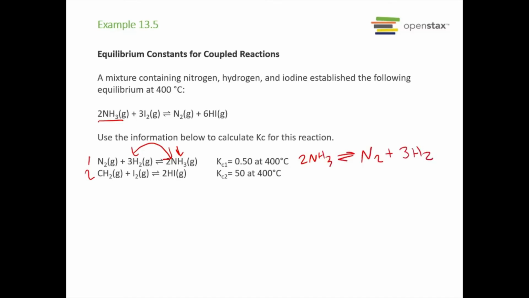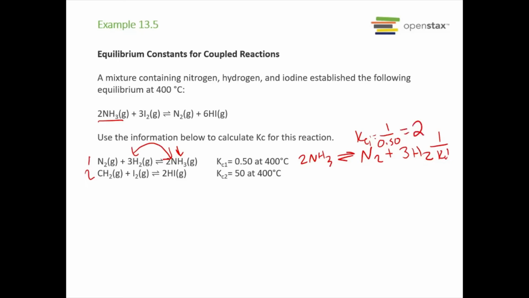I'm being lazy and not writing the gas phase. Doesn't really matter. So now what happens here is this means we have to do 1 over Kc1 when we do this. So that means 1 over 0.50 for this new Kc1 prime, we can call it. And 1 over 0.50 is equal to 2.